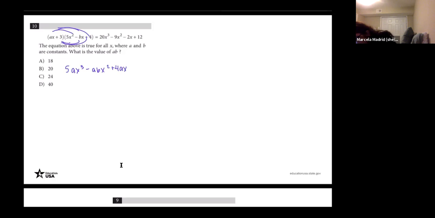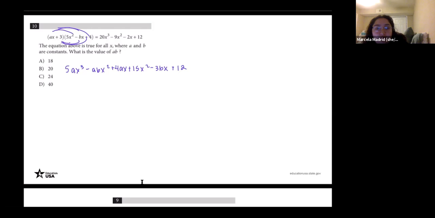plus 15x squared minus 3bx plus 12. And keeping the same thing on the right side because you don't really have to do anything. From there, on the right side, you only have the x squared term of minus 9x squared.